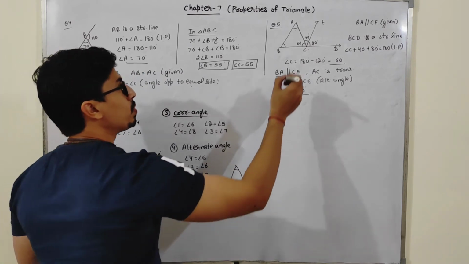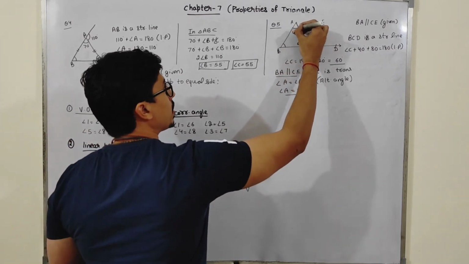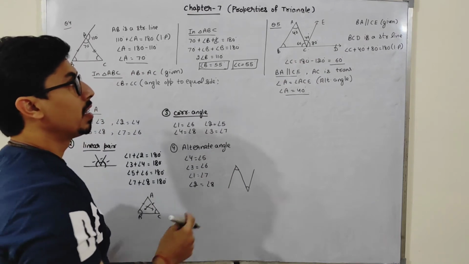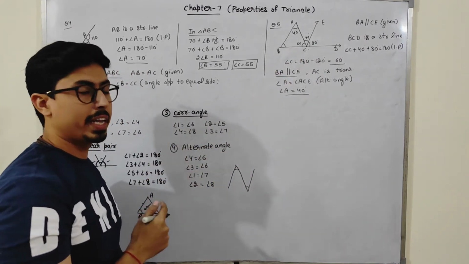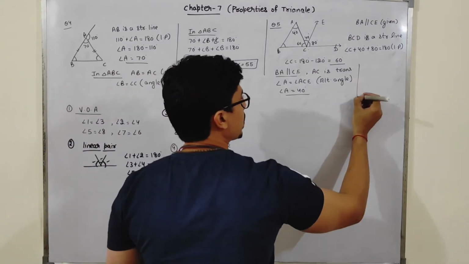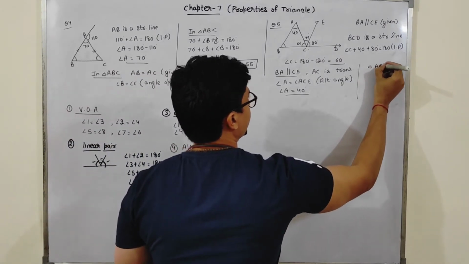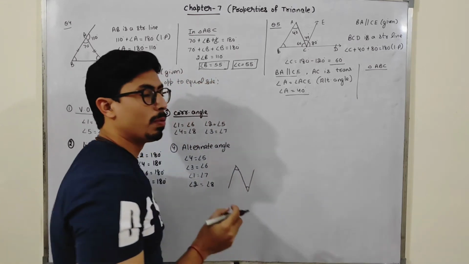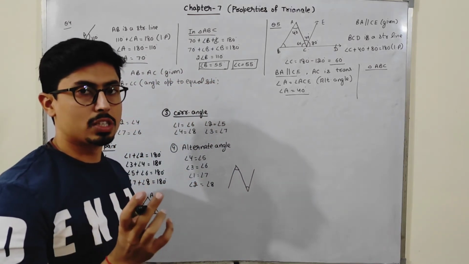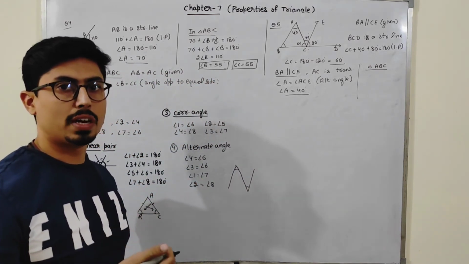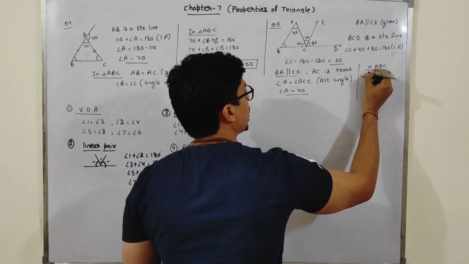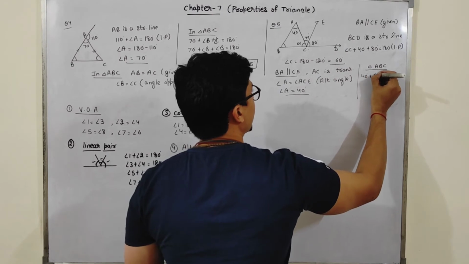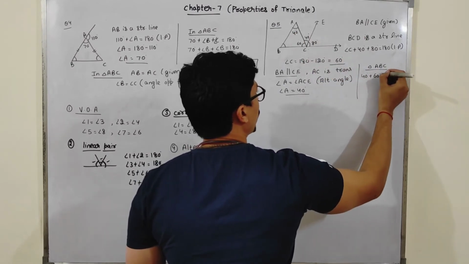Okay. Now see, students, this is 40 degrees, and now I have to find only angle B. In triangle ABC, the sum of the angles of the triangle will be 180 degrees because of the angle sum property of a triangle. See, this is 40 degrees, this is 60 degrees, and this is angle B that we don't know.